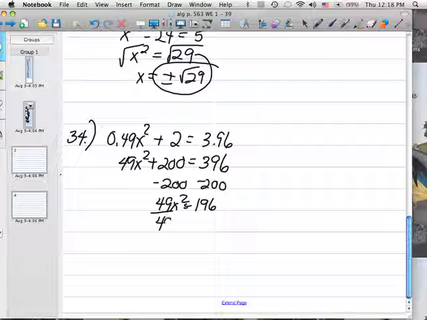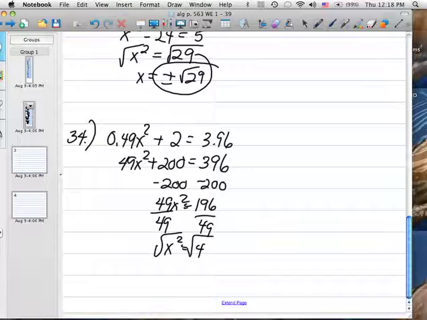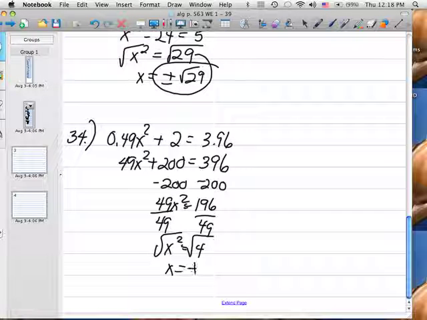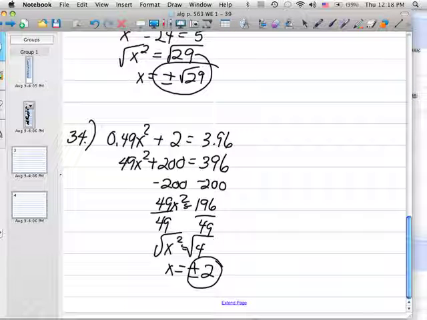Divide by 49, I get x squared equals 4. Take the square root of both sides, x equals plus or minus 2.